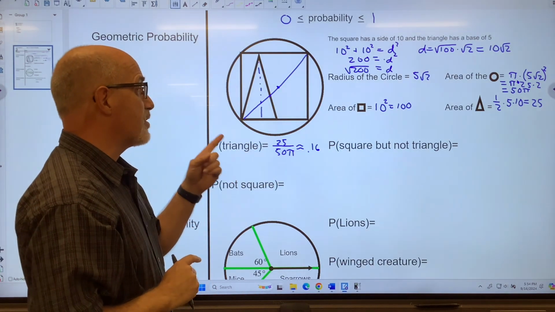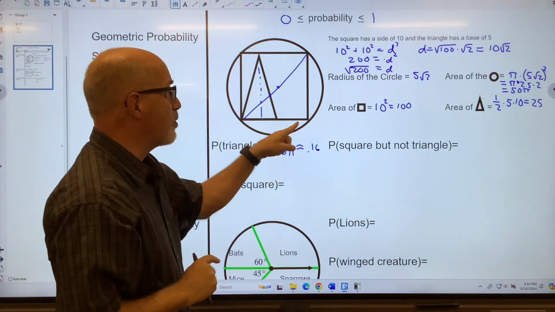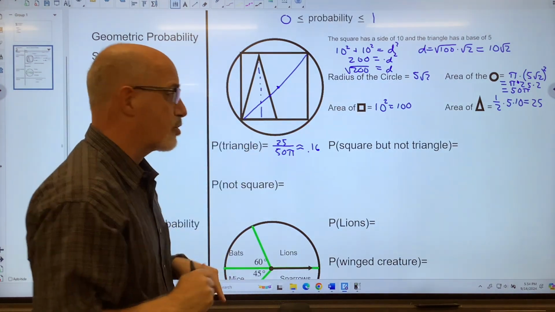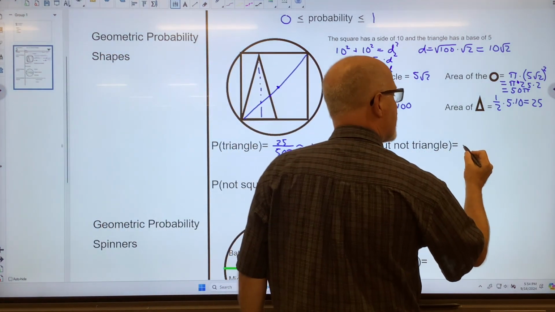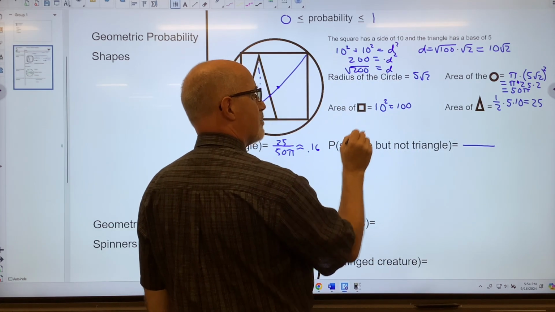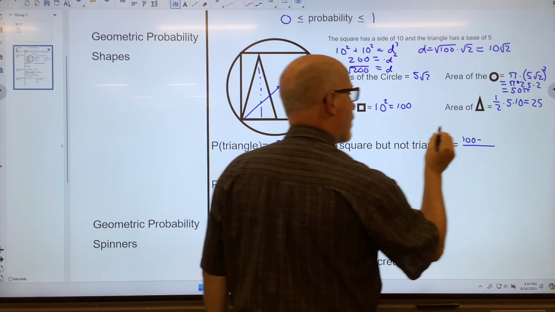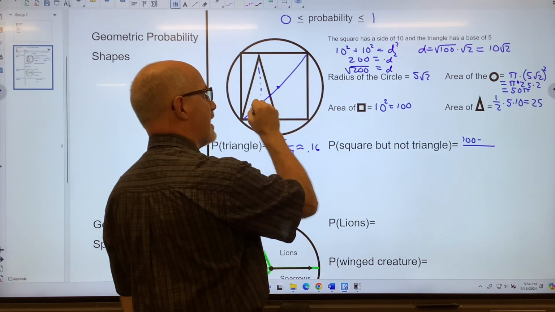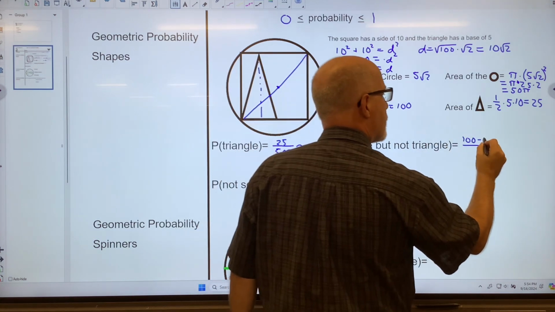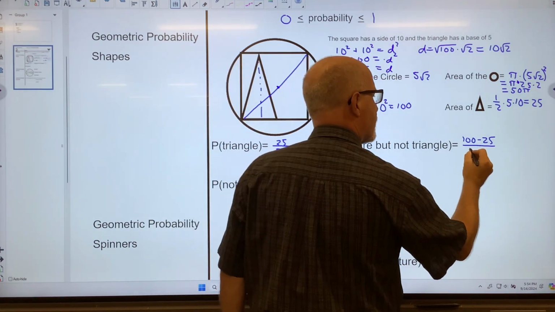All right, now if we want the square but not the triangle, we need to take the square amount and subtract the triangle. So success would be the square, which is 100, subtract the triangle, which is 25, because we do not want it to land in the triangle, and we're going to divide that by our total, which is 50 pi.